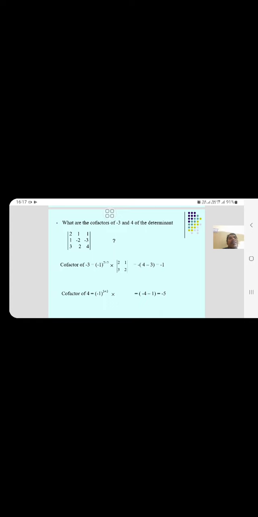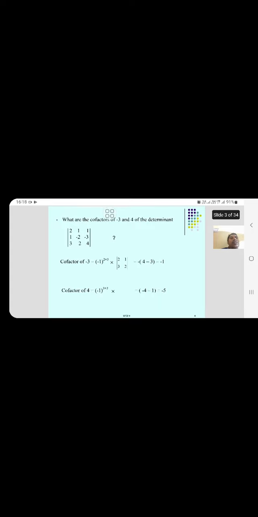To find the minor, we have to remove the row and column where minus 3 is located, and the remaining elements form the minor determinant. So 2, 1, 3, 2 equals minus of 4 minus 3, that equals minus 1. So the cofactor of minus 3 is minus 1.